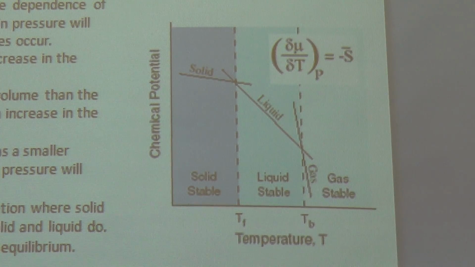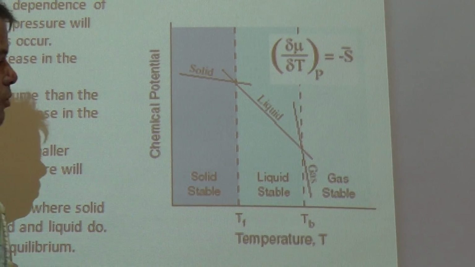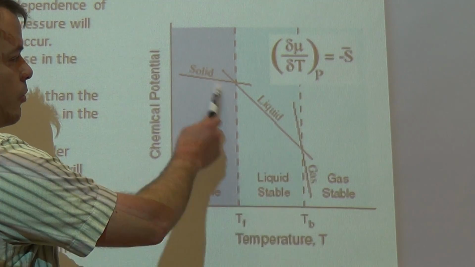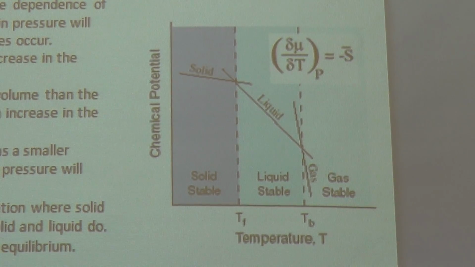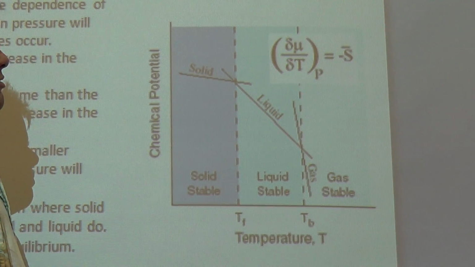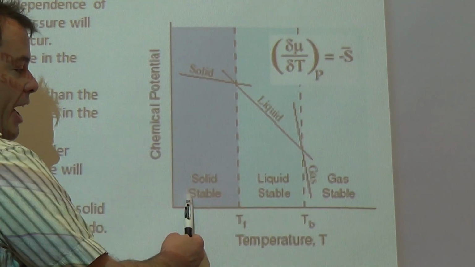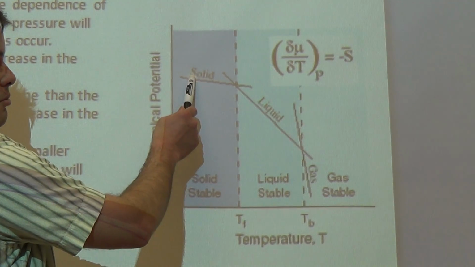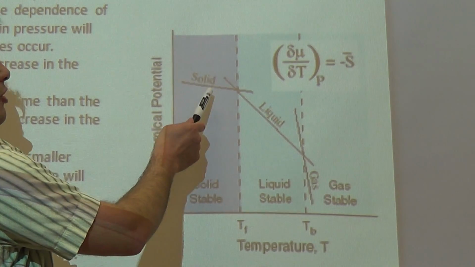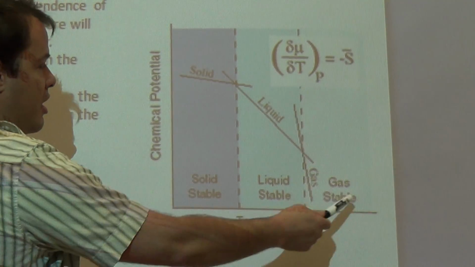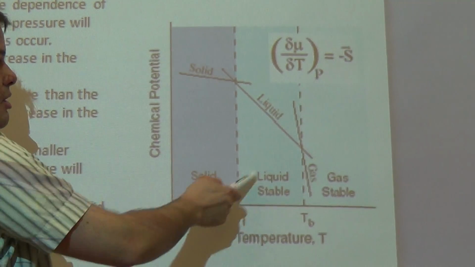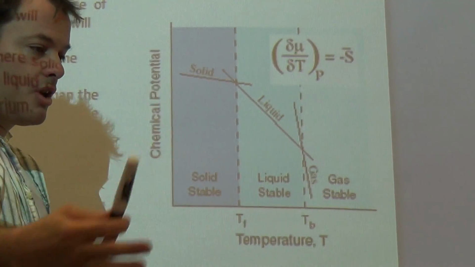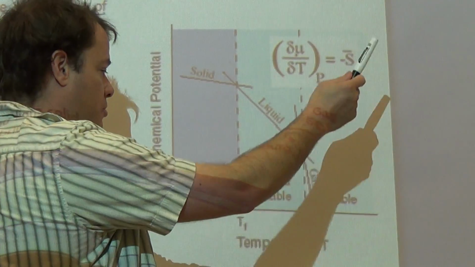And we said that essentially we can look at this curve and decide based on which phase had the lowest Gibbs free energy, which would be favored at a particular value of temperature or pressure. And you see that as we move back to lower temperatures, the partial molar Gibbs free energy of the solid phase would be the lowest at low temperatures, and the liquid would be the lowest at intermediate temperatures, and the gas would be the lowest at high temperatures.